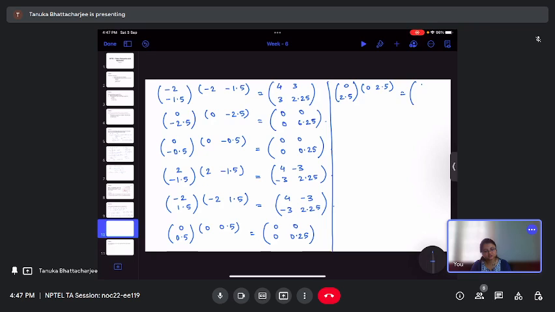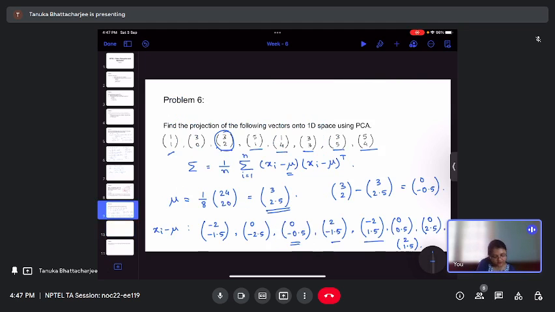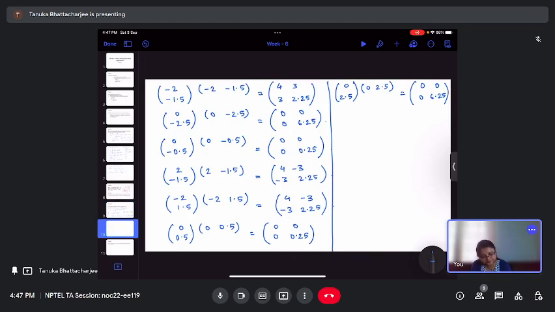So you will get 0, 0, 0, 6.25. And the last data point you have is 2, 1.5, into 2, 1.5 transpose. You multiply, you get 4, 3, 3, 2.25.